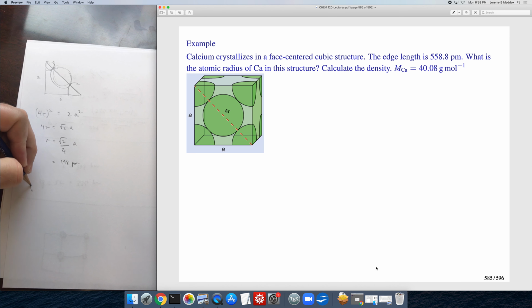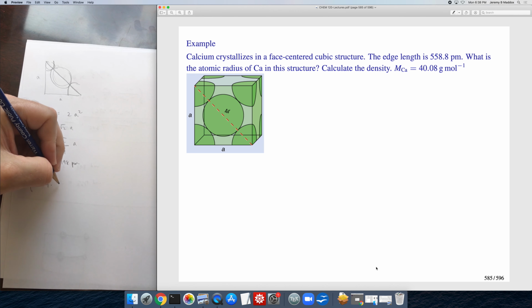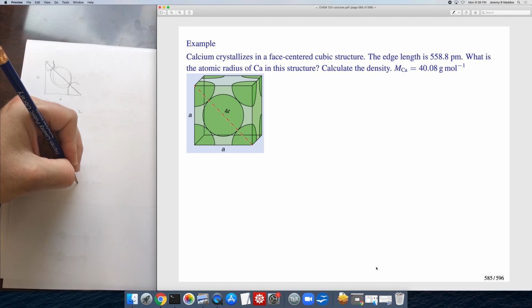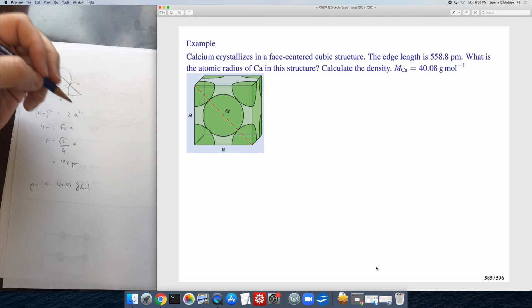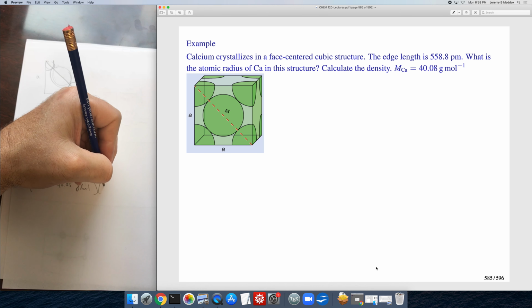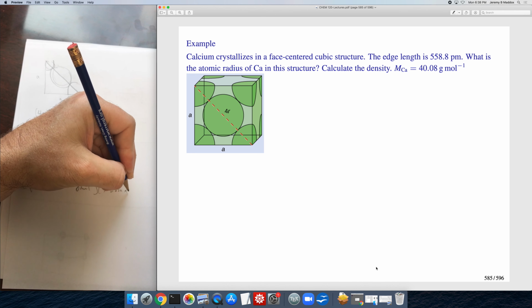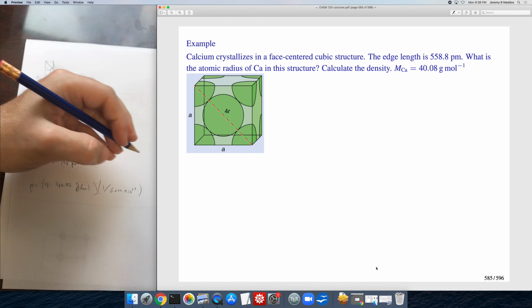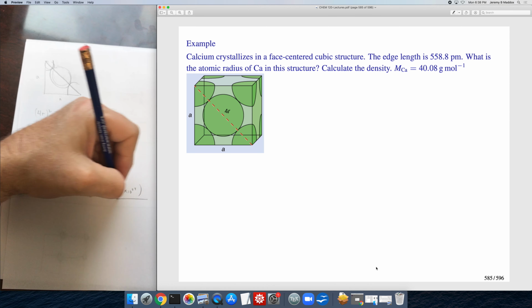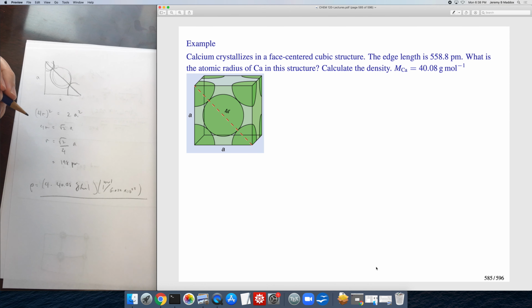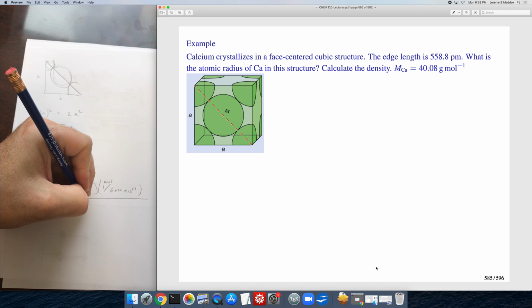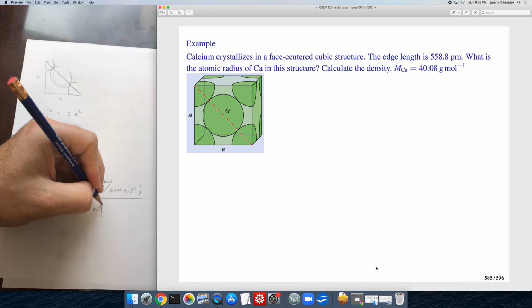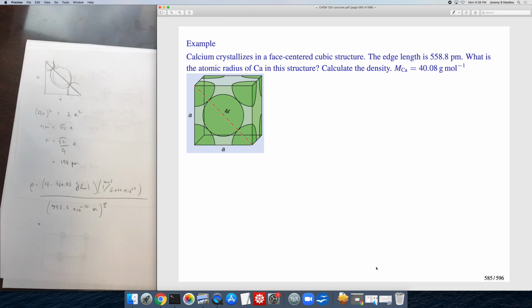So when you go to calculate the density, you would need to take 4 times 40.08 grams per mole, divide by Avogadro's number, and then you divide by this 558.8 times 10 to the minus 12 meters, and you cube that, and so then that would give you the density of the calcium.